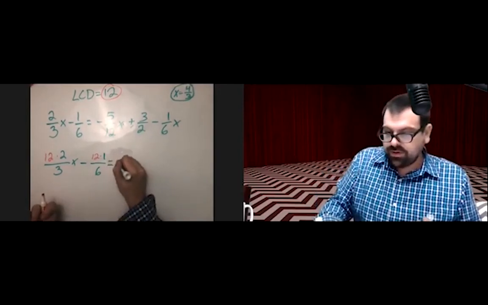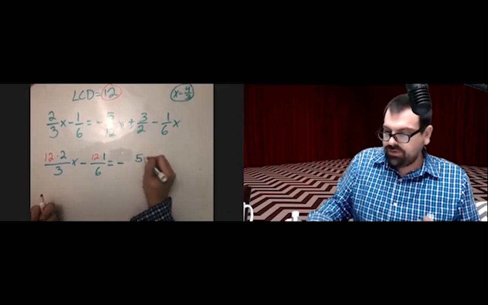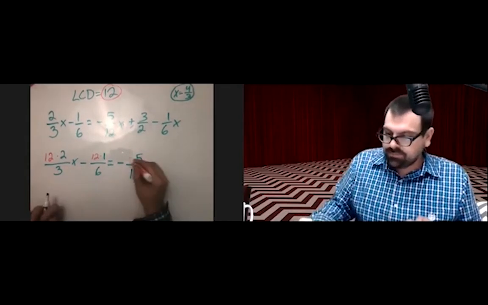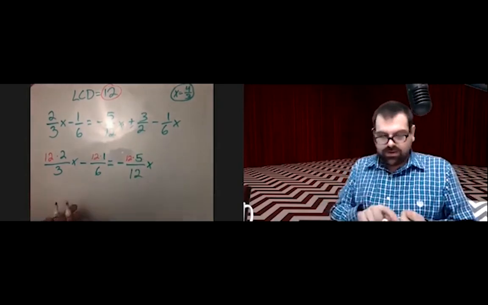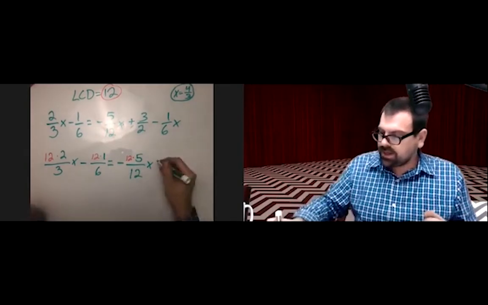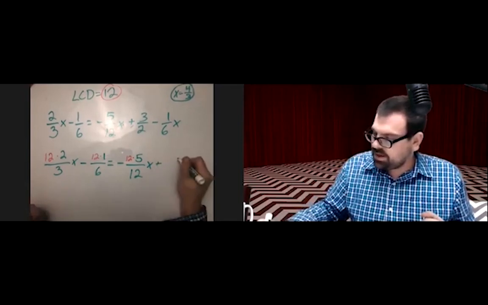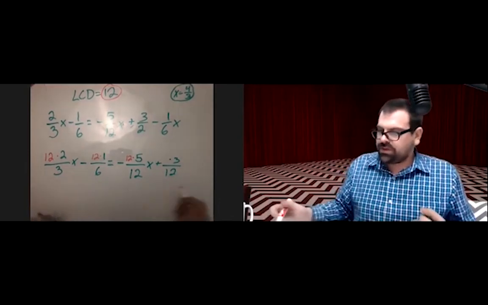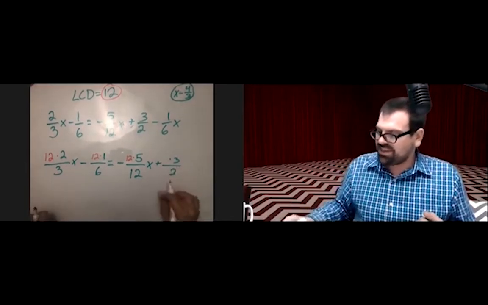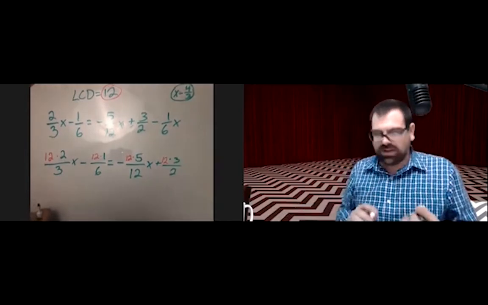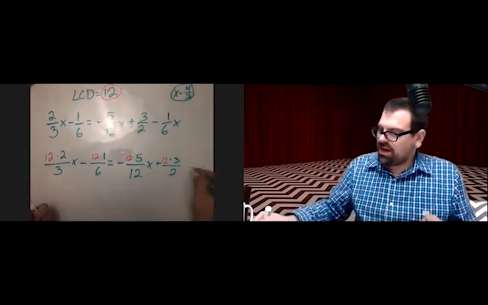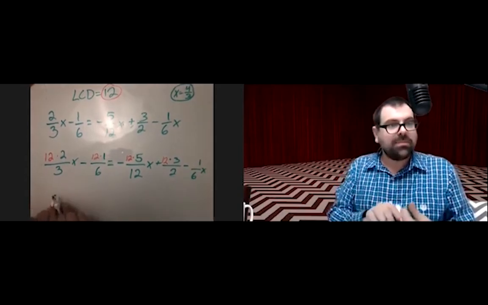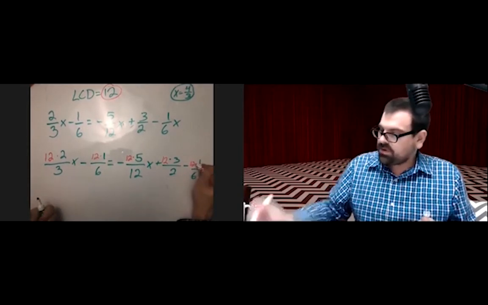Instead of negative 5/12 x, I put a times 12 in there. Wow, this is like a catchphrase right now. Instead of 3/2, I put a times 12 in there. And you guessed it, instead of 1/6 x, what do you think I'm going to do? I'm going to put a times 12 in there.